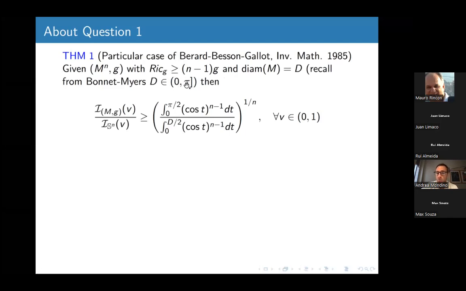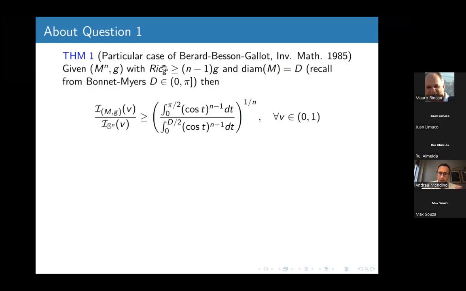That's because pi is the diameter of the sphere. Here you're saying that the Ricci is bigger than the one of the sphere of radius 1, so the geodesics are focusing more than in the round sphere, and so the diameter must be smaller than the one of the sphere of radius 1. This is the rough intuition behind this diameter bound.